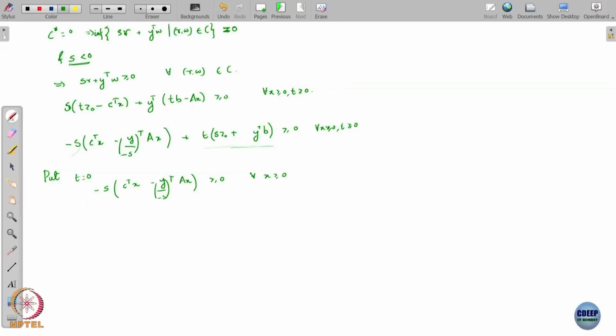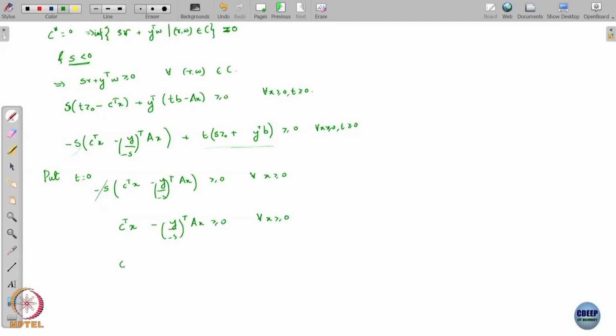So, I can divide throughout by minus s, which is a positive quantity. I can just cancel this minus s out, and what I am left with is C transpose x minus y by minus s transpose A x greater than equal to 0, and this is true for all x greater than equal to 0.